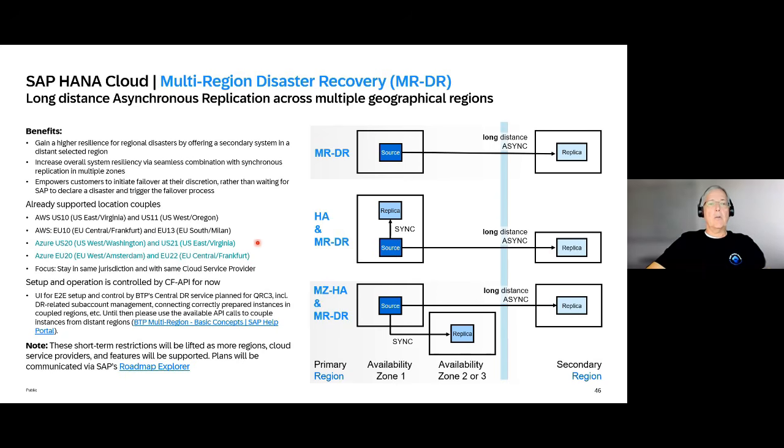So we are now finishing the Azure offering between North America and Europe, on North America and on Europe. The focus is always and is still to stay in the same jurisdiction with the same service provider, as you can see here in this slide.